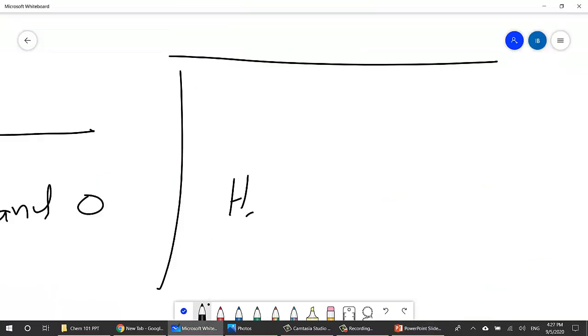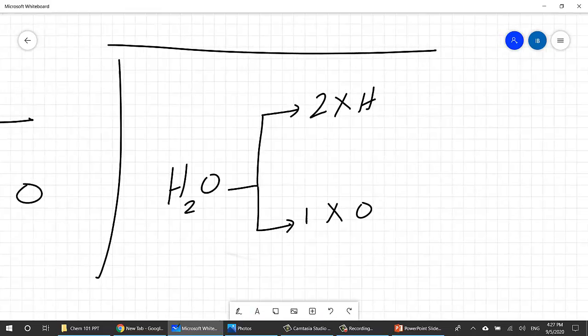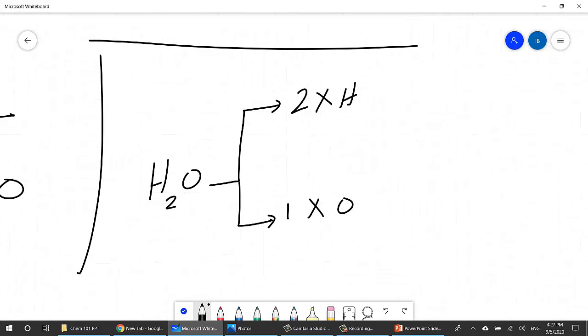To illustrate that, let's say we have water, and we know that it's composed of 2 hydrogens and 1 oxygen atom. The mass of hydrogen is almost 1, so 2 times 1, and this is 1 times 16. So I have here 2 and I have here 16.